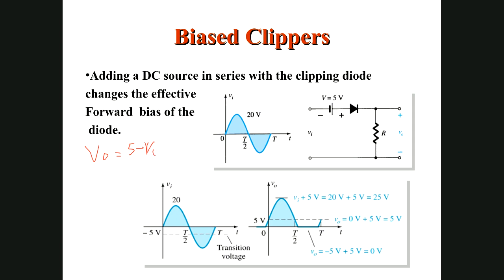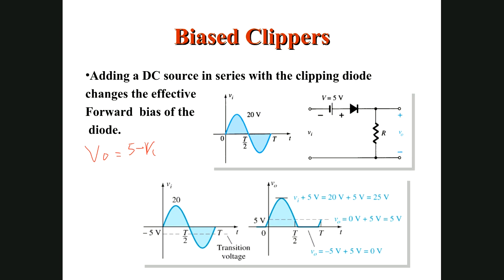So 5 minus VI means when your input is 1 volt in the negative half, it will be 5 minus 1, 4. When input is 2, 5 minus 2, 3. When input is 3, 5 minus 3, 2. This way, you will get the voltage.